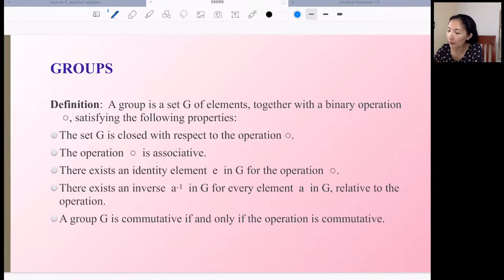So, it is closed. Closure property. Is it associative? That we did not check. Associativity, rather. Is it associative? Okay, let's look back.